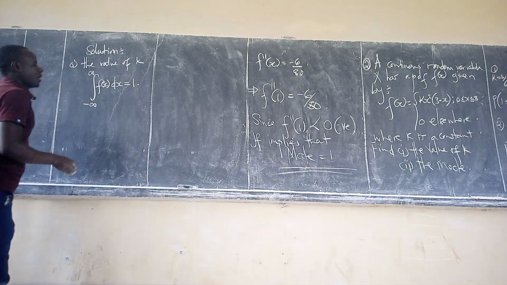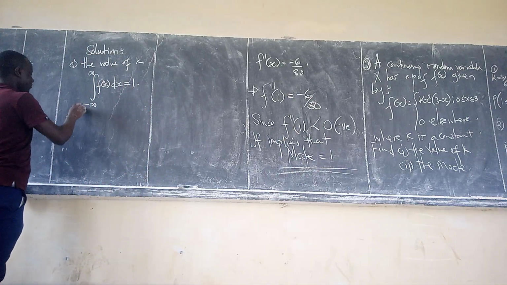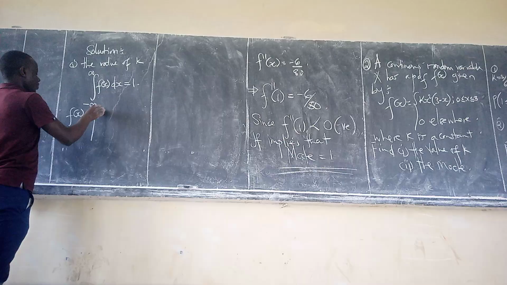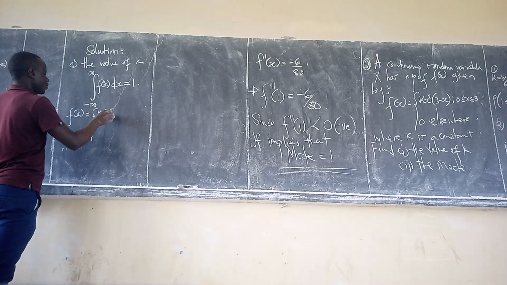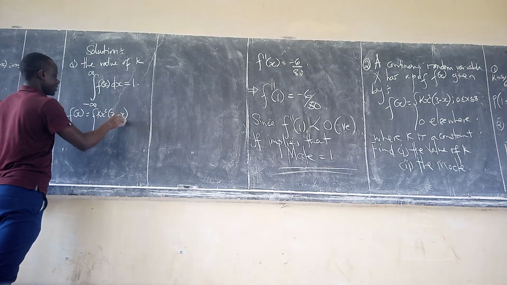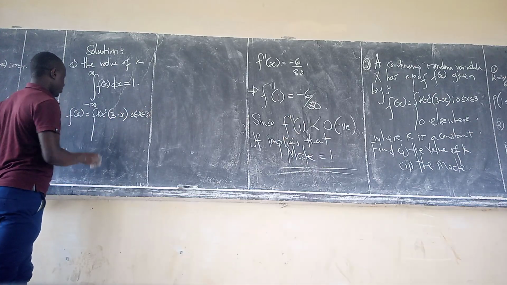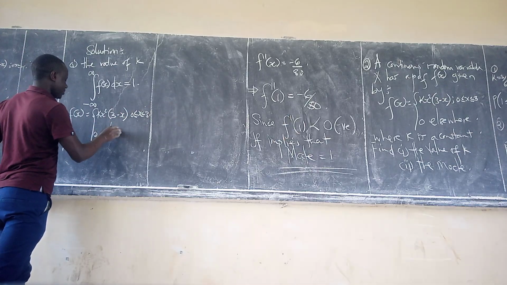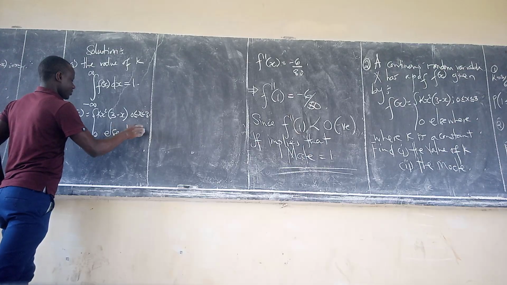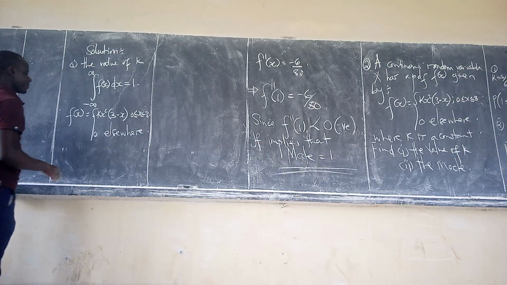So our PDF is known. It is f of x equal to kx squared into 3 minus x. This is when x runs from 0 to 3 and it is 0 otherwise, or 0 elsewhere.